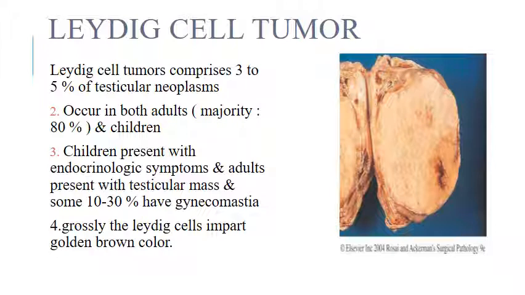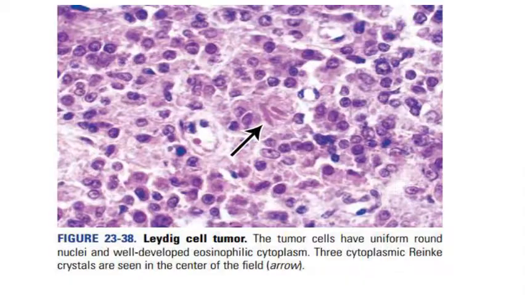Grossly, due to the presence of Leydig cells, the tumor has obtained a golden brown color. On microscopy, the tumor has uniform round cells with round nuclei and well developed eosinophilic cytoplasm. There are cytoplasmic inclusions or Reinke crystals in Leydig cell tumors.